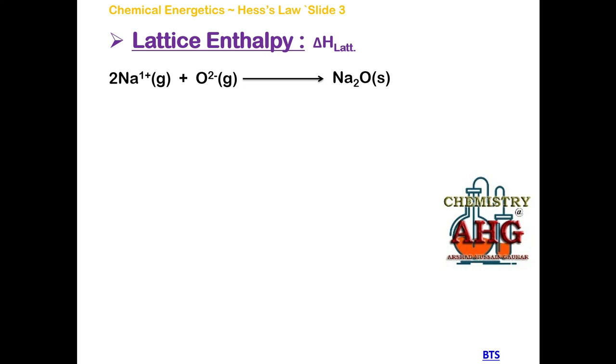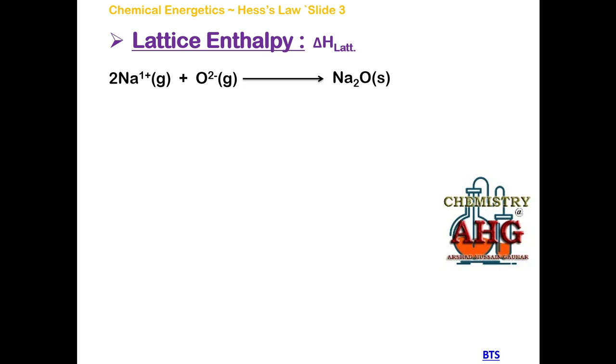So how are you supposed to define lattice enthalpy, keeping in mind this simple chemical equation? You can define lattice enthalpy as the enthalpy change when 1 mole of ionic lattice is formed from its component gaseous ions. The enthalpy change when 1 mole of solid ionic lattice is formed from its component gaseous ions.